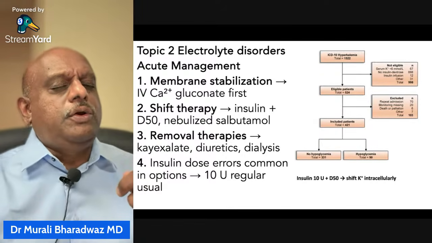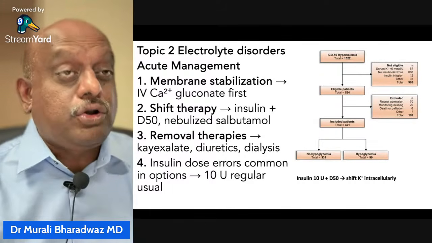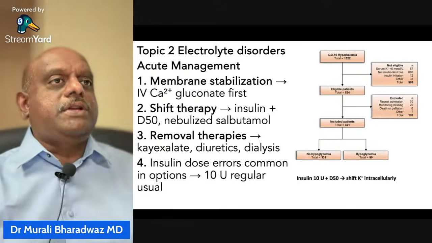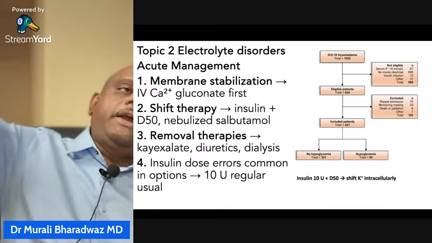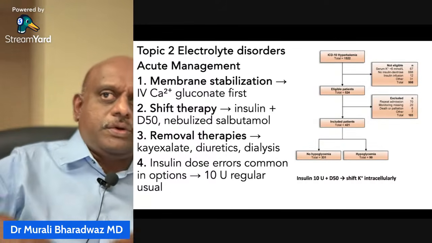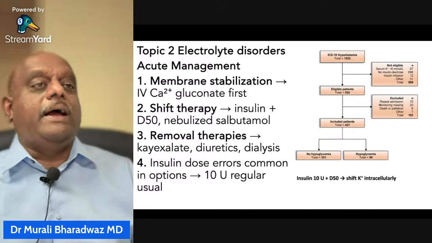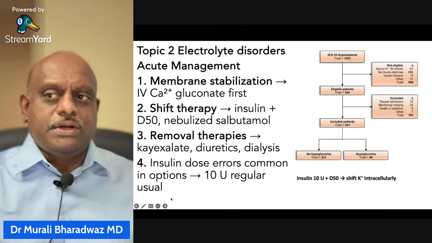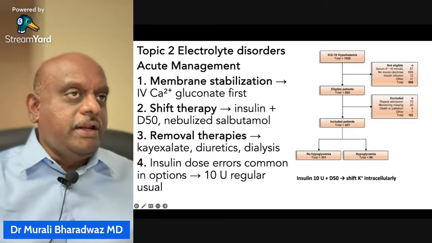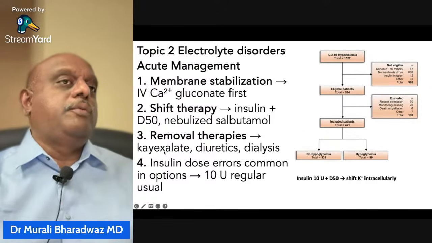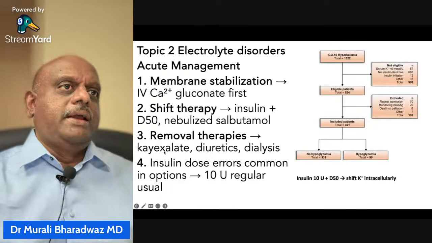Insulin moves not only glucose into the cell, but also potassium into the cell. That's the reason we administer insulin. At the same time, we will give IV glucose also, in order to treat the hyperkalemia. That's the reason we give 50% dextrose along with insulin.